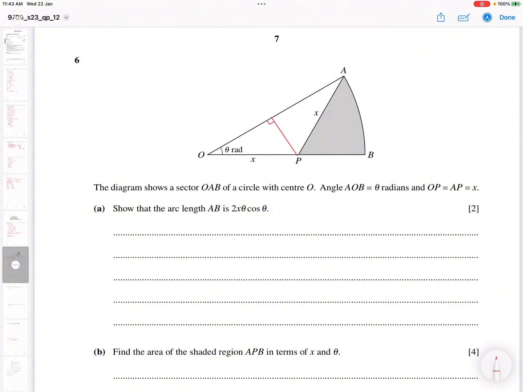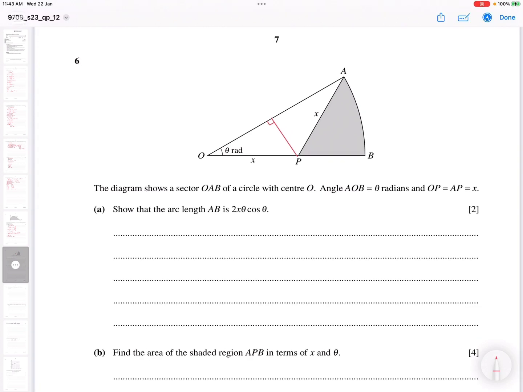So from here, can I write cos of theta, OM, write it as M, this point. So can I write cos theta equals OM over x, and this gives me OM equals x cos theta.